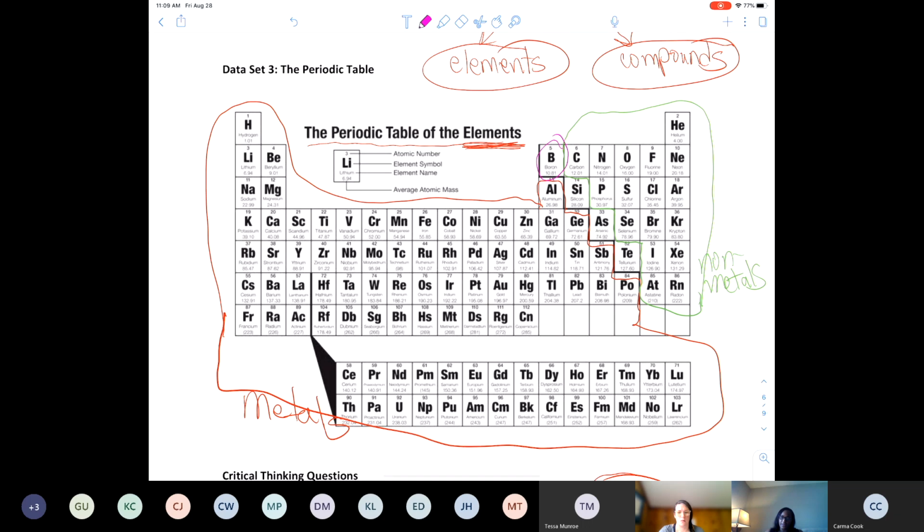Now those that I'm circling with the hot pink, these are the metalloids.